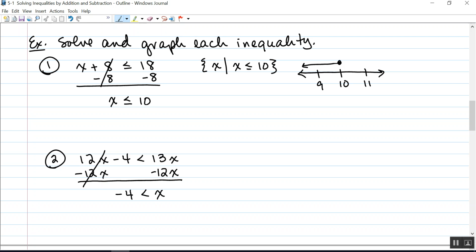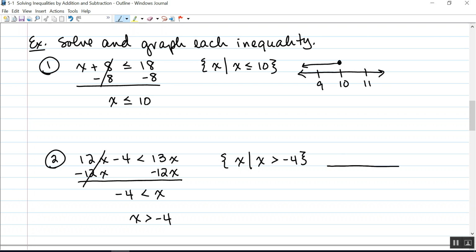I want to have my x on the other side. So I can just flip the whole thing and write it as x is greater than negative 4. Notice that means exactly the same thing. My inequality is pointing at the negative 4 and opening up to the x. Putting that in set builder, it'll look like this, the set of all x such that x is greater than negative 4.